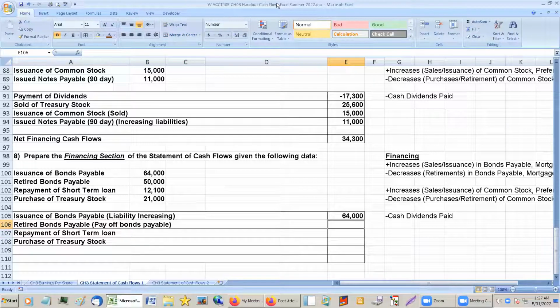So it's going to decrease. Repayment of short-term loan. Okay, we paid the loan, so our cash is going to go down. Purchase of treasury stock. Well, we purchased it, so our cash is going to go down.